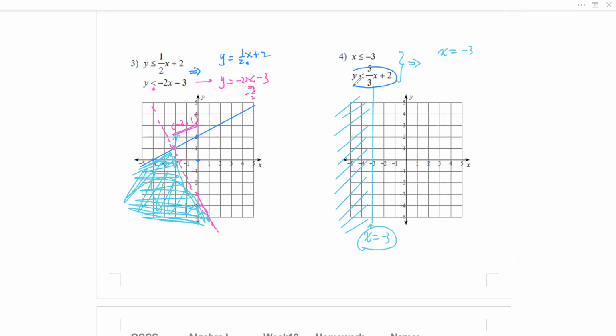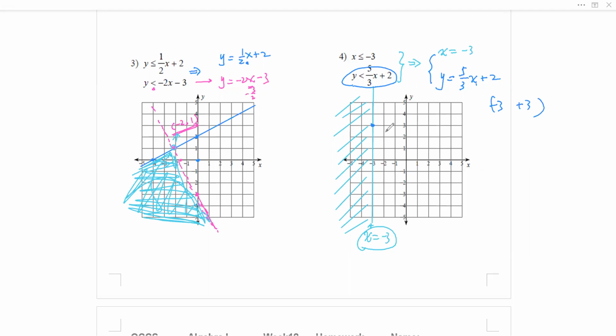All right, let's see the second one. We change it into y equals 5 over 3 x plus 2. When x is negative 3, y is positive 3, so it crosses this dot, right?